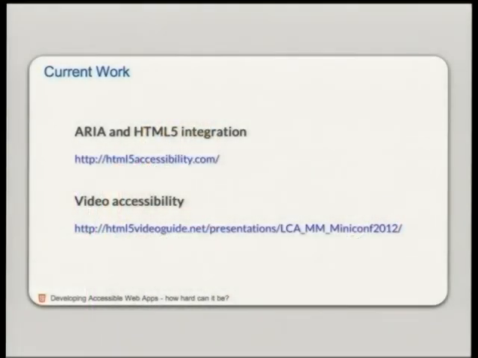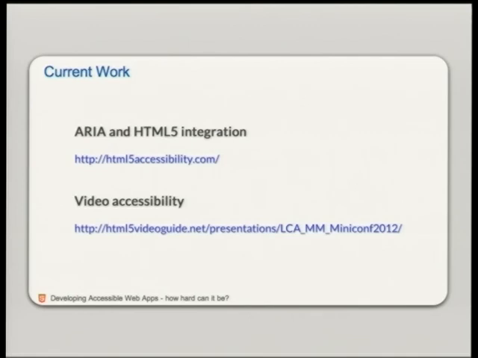Right, and I'm just not going to say much because we don't really have much time and we want to give you a chance to ask some questions. What's happening right now is that ARIA and HTML5 get further integrated. There's still a lot of issues that need to be sorted out, little things, mostly it works in browsers, but there are some things that haven't been sorted out.